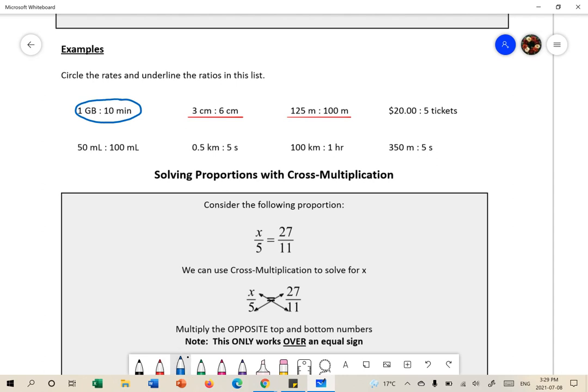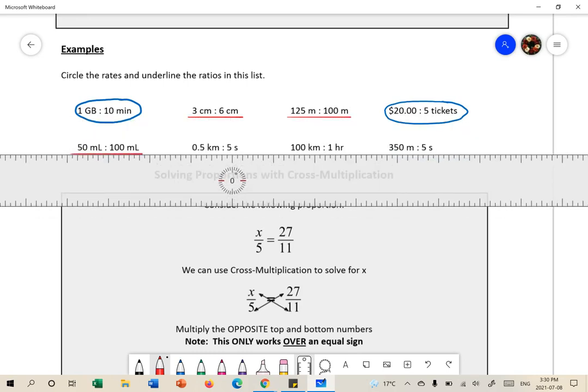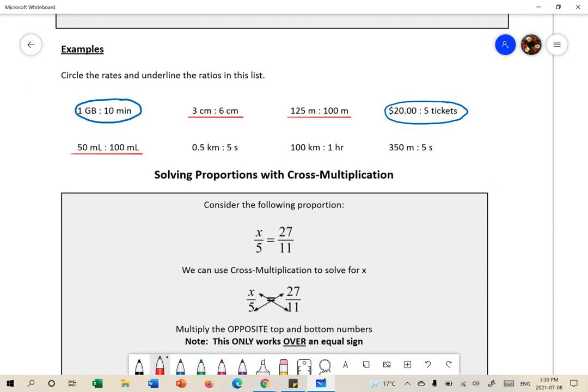Different units, so that's a rate. 50 milliliters to 100 milliliters. Those are the same units, so we're going to underline that to represent a ratio. 0.5 kilometers to 5 seconds. Different units, so that's a rate.